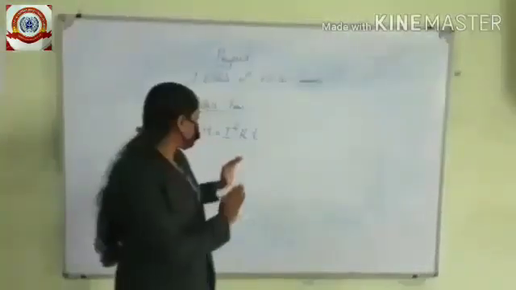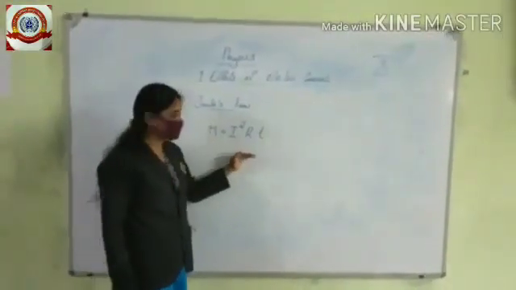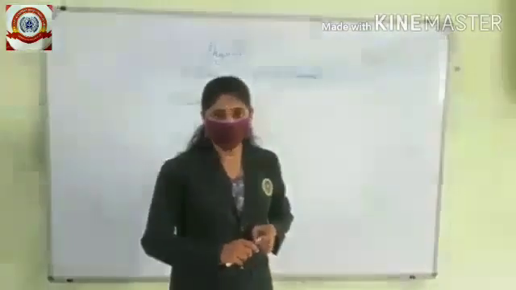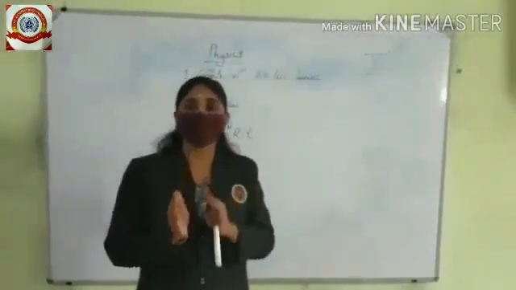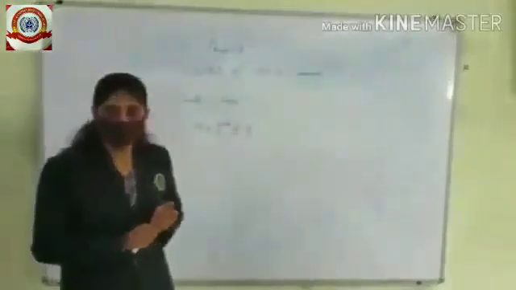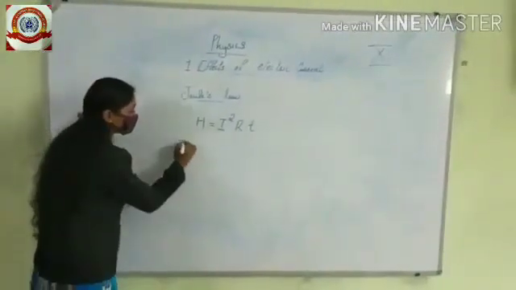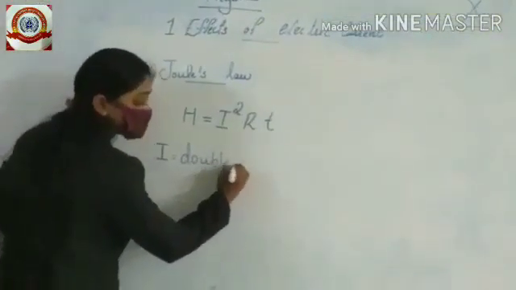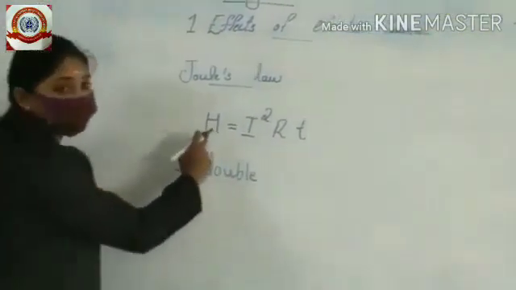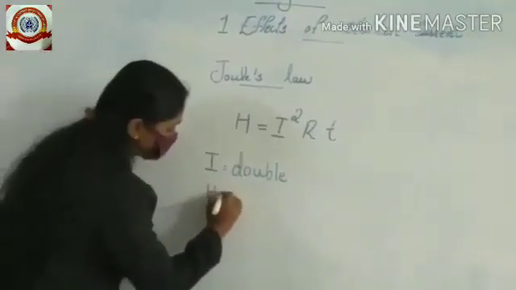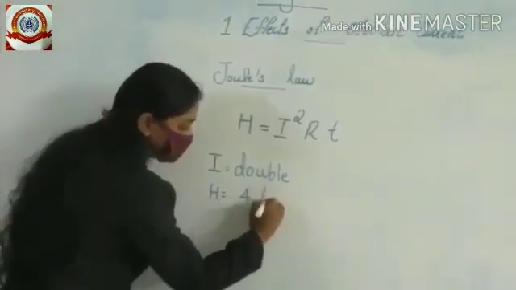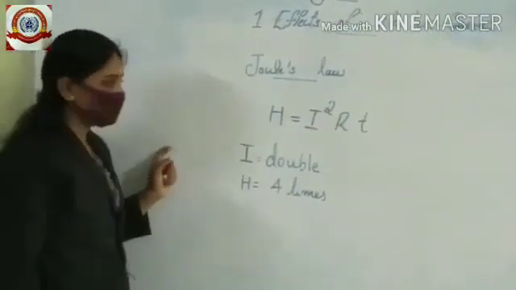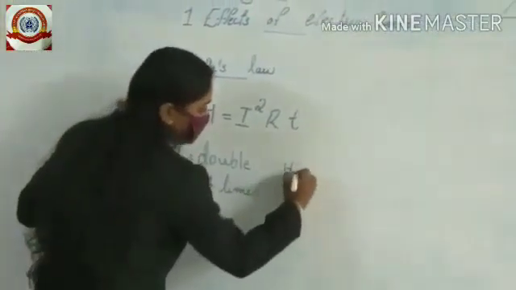Now we will see the changes that happen in the value of H when any of the factors, that is I, R and T, changes. So let's have some examples. If the current through the conductor is doubled using a rheostat, the heat generated will increase by 4 times. We know the equation H equals I square RT.